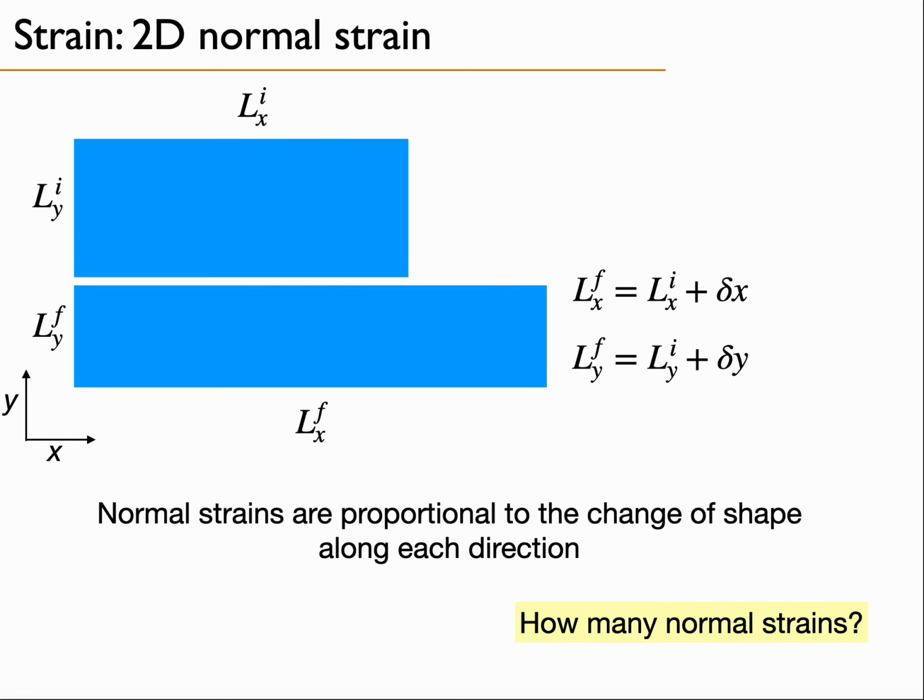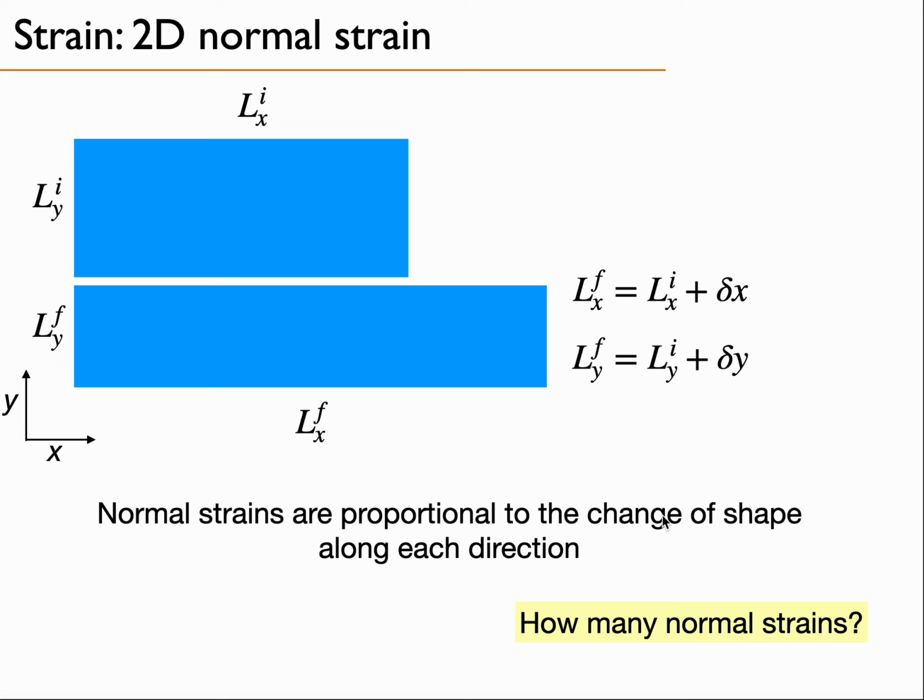Now let's consider a 2D case. So we move to 2D coordinates, x, y, and we have a rectangle here, which is being stretched into another rectangle. So we have two lengths, two edges that are changing size. Lx final is Lx initial plus delta x, and the same applies for the y. We will call this the normal strains.